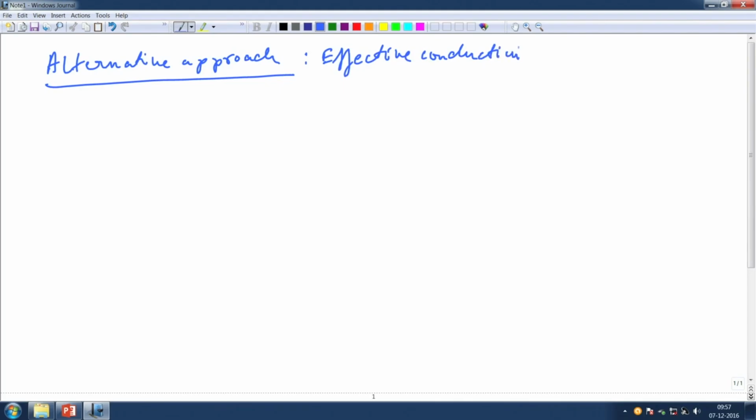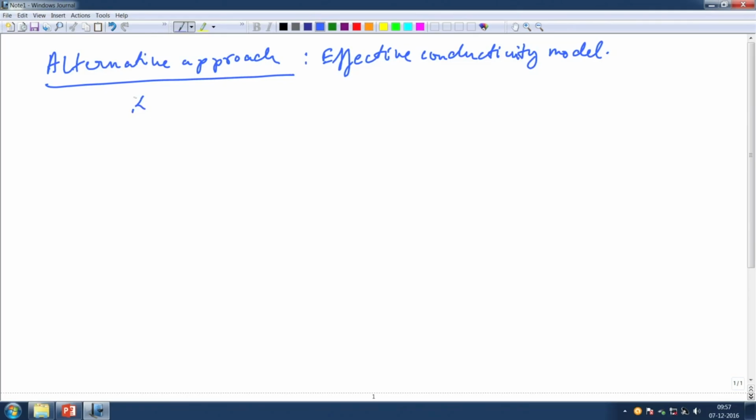Now, what does it do essentially? Instead of using the actual thermal conductivity, it uses an effective value of the thermal conductivity.